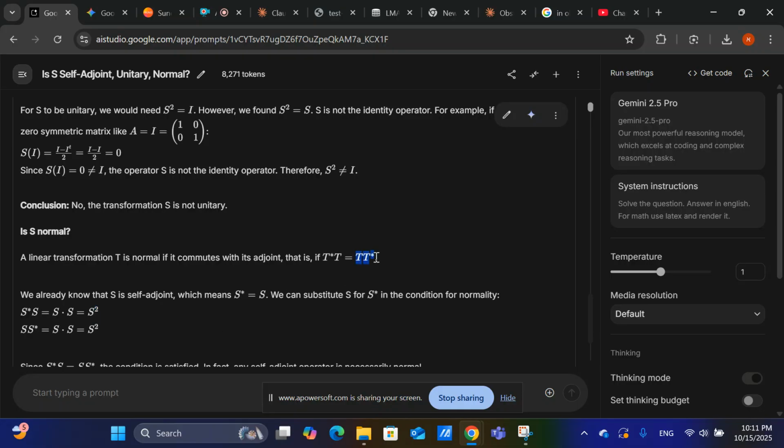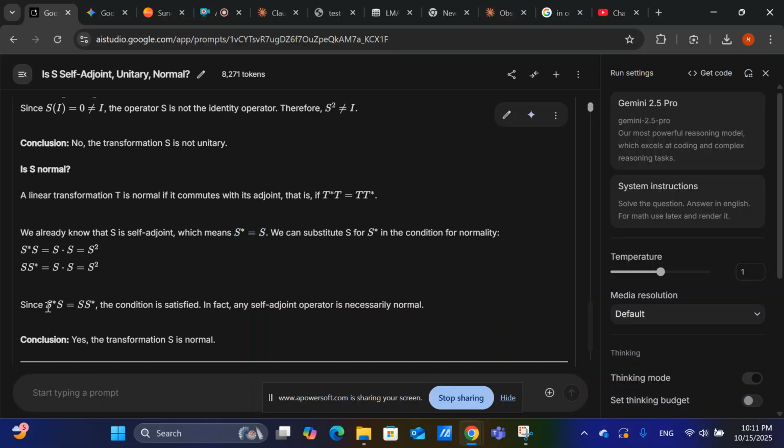And for the other side, we apply S to it. Again, S is self-adjoint, S star equals S. So S S star equals S S equals S squared. On both sides, we got S squared. Namely, both sides are equal. This is exactly the definition for a normal matrix.